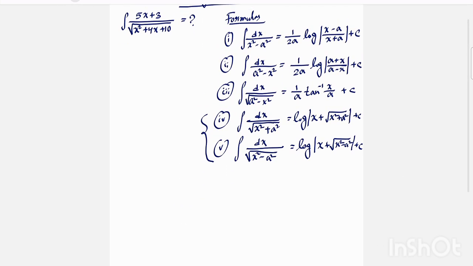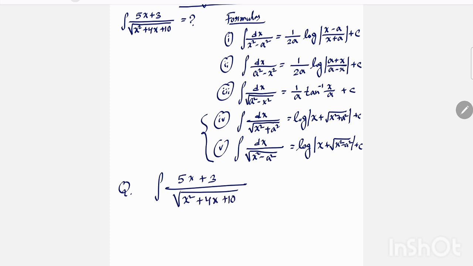Our question is the integration of 5x plus 3 over root over x square plus 4x plus 10. We have to solve this one.